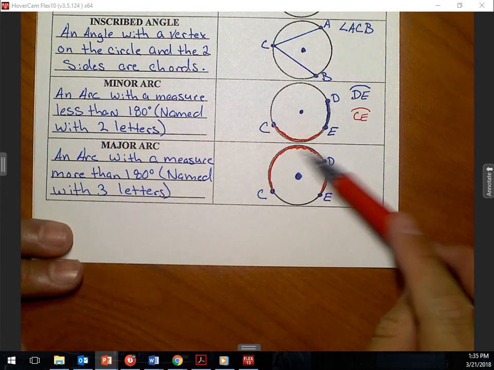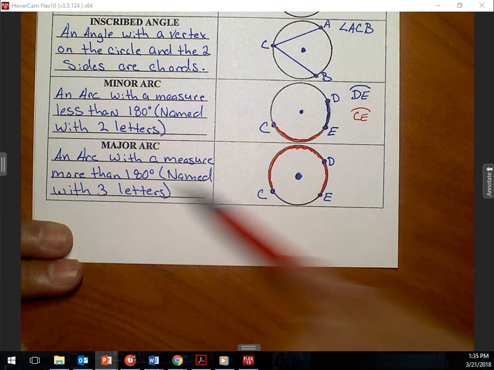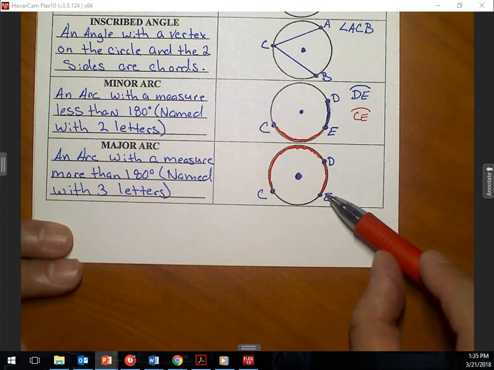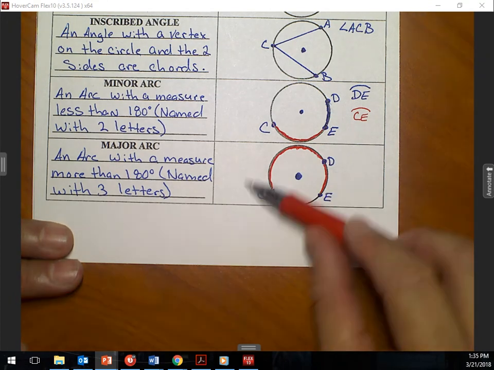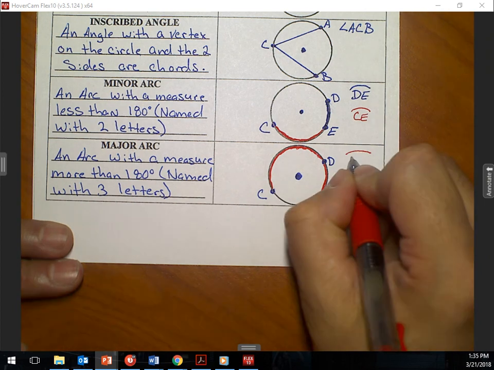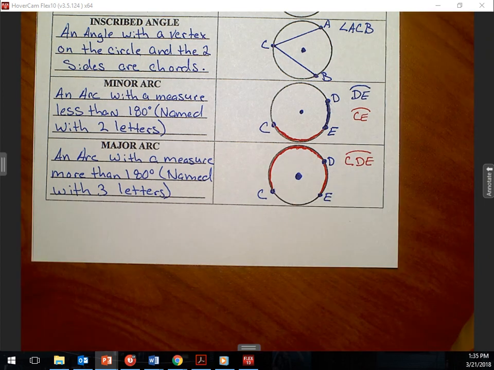So from C to D is halfway. And then if it's going to be with 3 letters, I would trace it out. It'd be C, D, E. So that one's going to be my major arc. Arc CDE. Make sense? Yep. Questions over that?